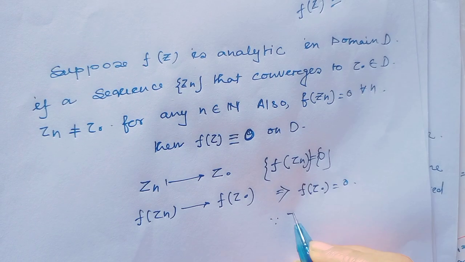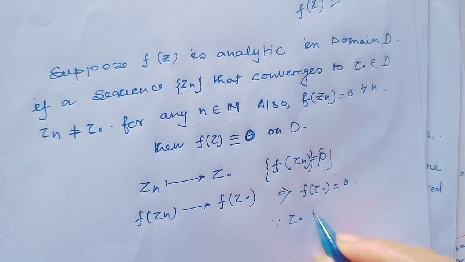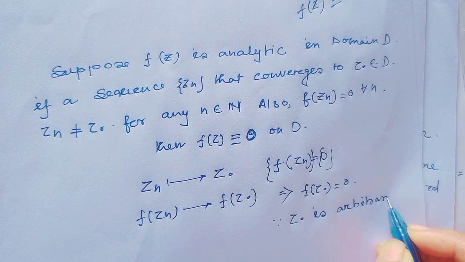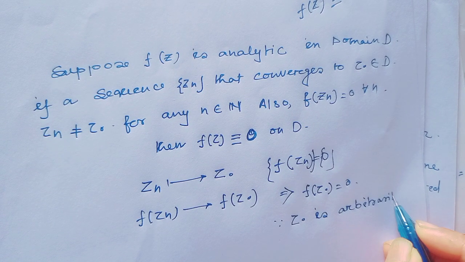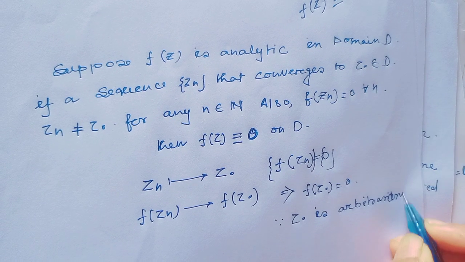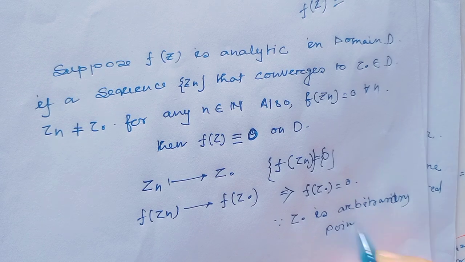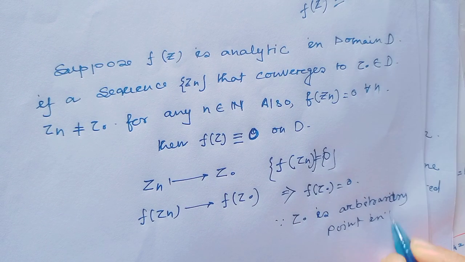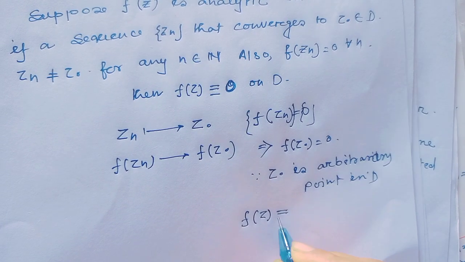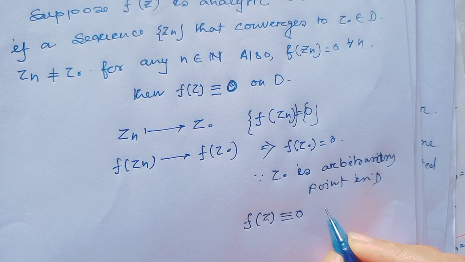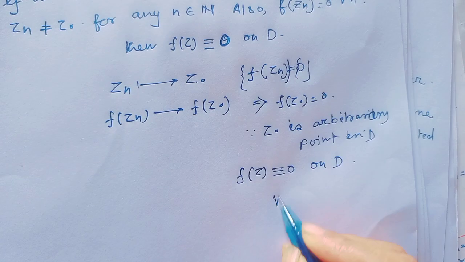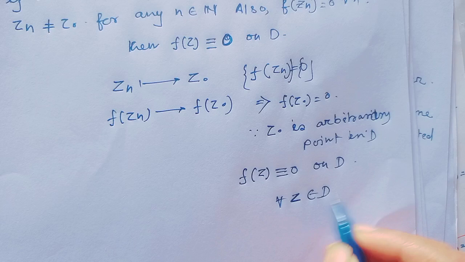Since Z0 is an arbitrary point in the domain D, that implies f(z) is identically equal to 0 on the domain D, and this is true for all z belonging to D.